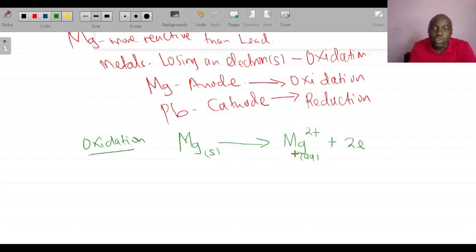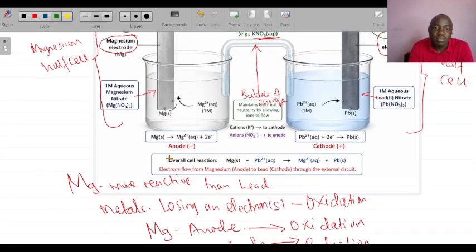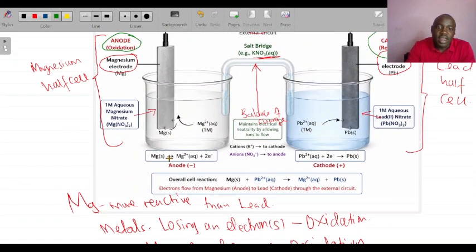This is what we call an oxidation half equation or reaction. Our magnesium, we are being told, goes into the solution, and by doing that we have the magnesium ions. That reaction is what we are calling oxidation.